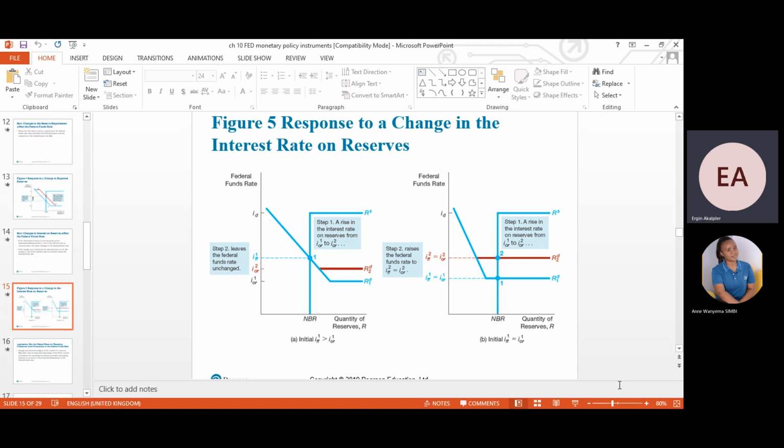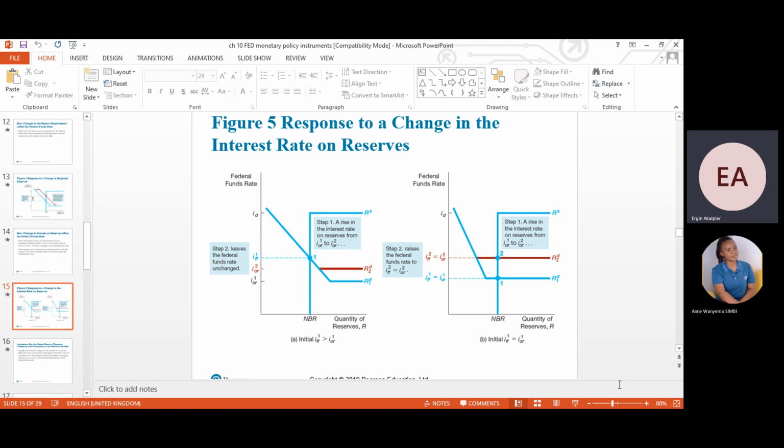Now the federal funds rate is becoming affected and shifted again to the upper level, with a rise in the interest rate on reserves from, let's say, I1 to I2, then affecting the federal fund rate and shifting it to the upper level again, because the initial federal fund rate is supposed to be equal to the initial interest rate on reserves.